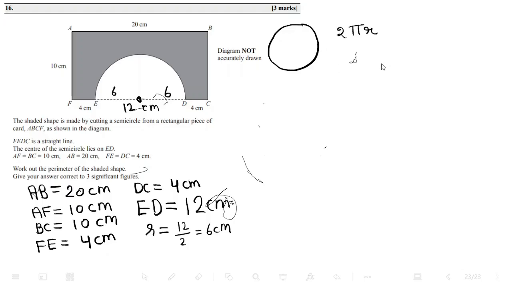Is that okay? Now the condition is that a semicircle is given. So if I divide 2 pi r by 2, the 2 cancels with 2 and I am left with pi r. Is that okay, circumference for the semicircle?